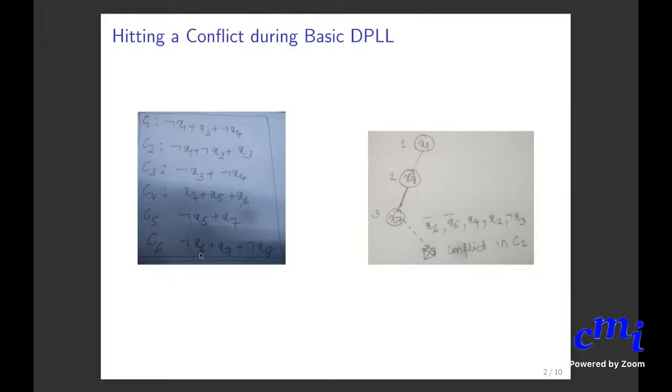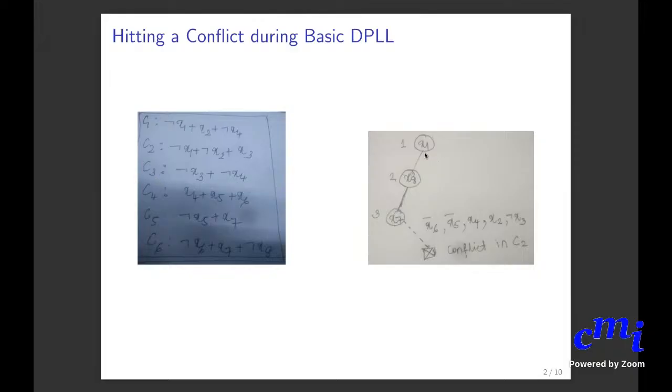Also C5 is unit. So those two decisions force X5 and X6 to be 0, and then C4 becomes unit, which forces X4 to be 1. Similarly X2 and not X3, which will result in C3 getting simplified to false.